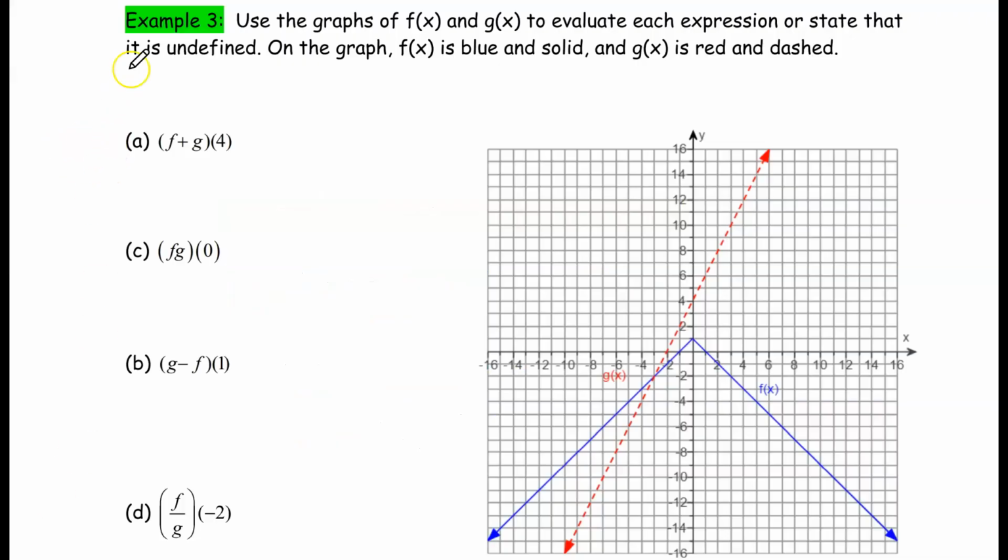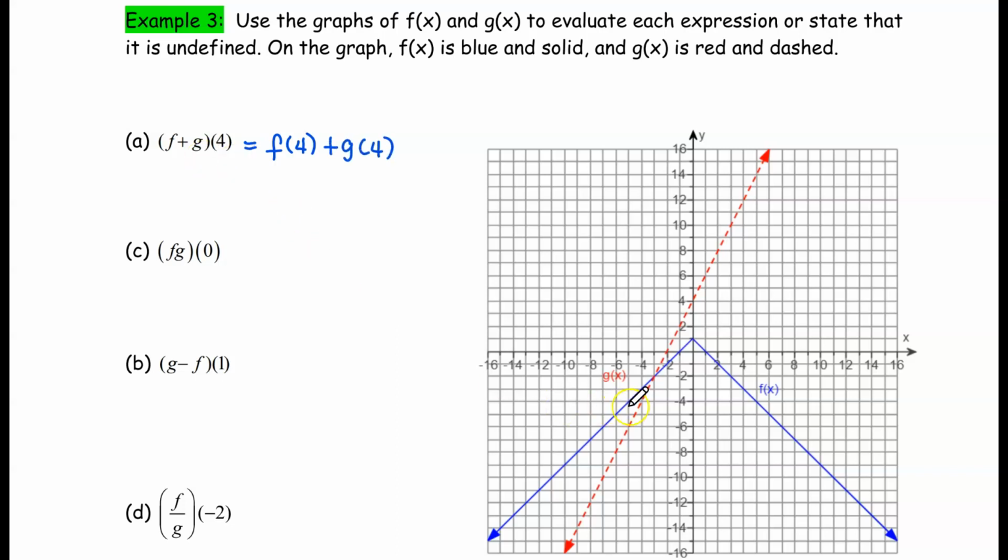For the next example, we are given here the graphs of f of x and g of x, and we want to use that to evaluate each of the expressions here. So first, let's have f plus g of 4. We know that this is equal to f of 4 plus g of 4.